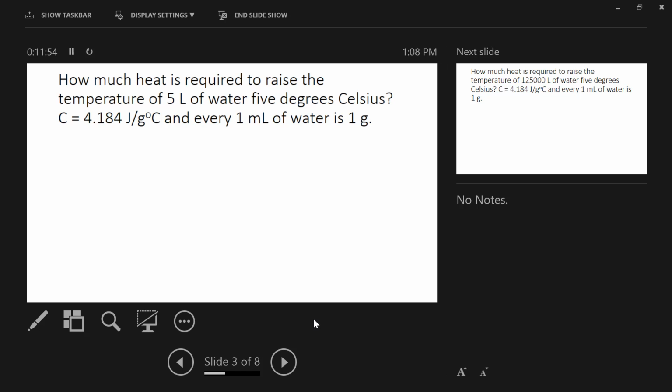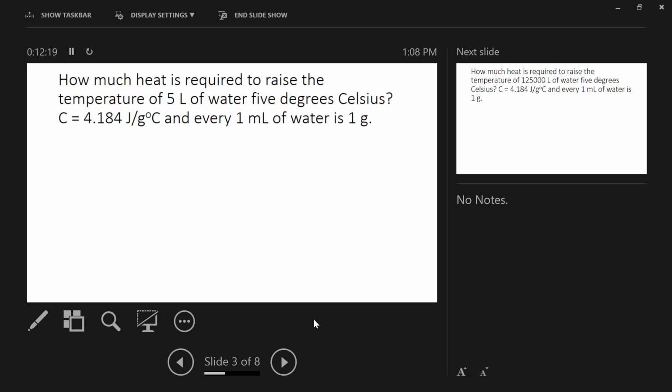All right, so what are we given by this problem? We're given the specific heat, right? The specific heat of water is 4.184 joules per gram degree Celsius.